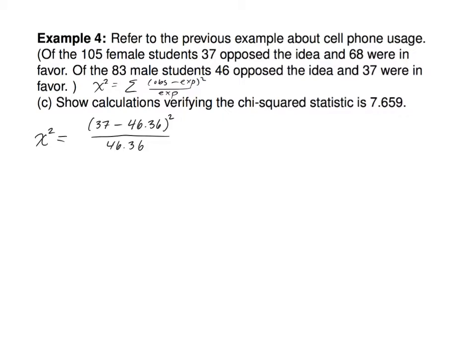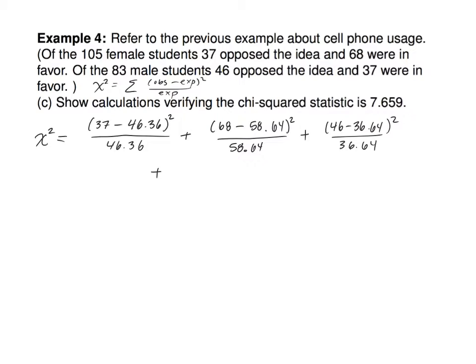So next, how many females were in favor of the ban? 68. The expected value for that was divided by 50. Great. Next, on to row 2, we'll have 46, 36.64, squared over 36.64.